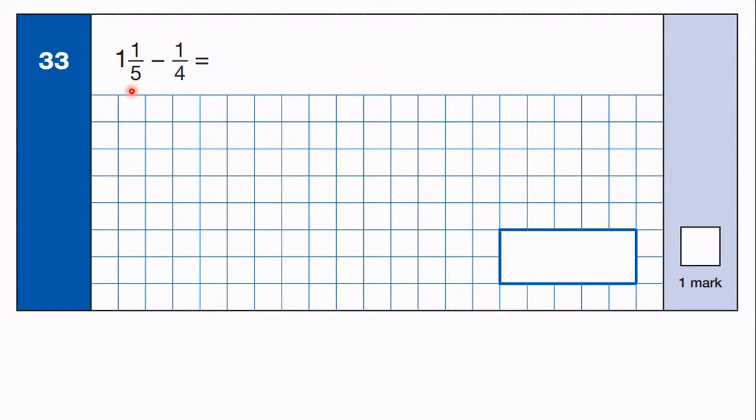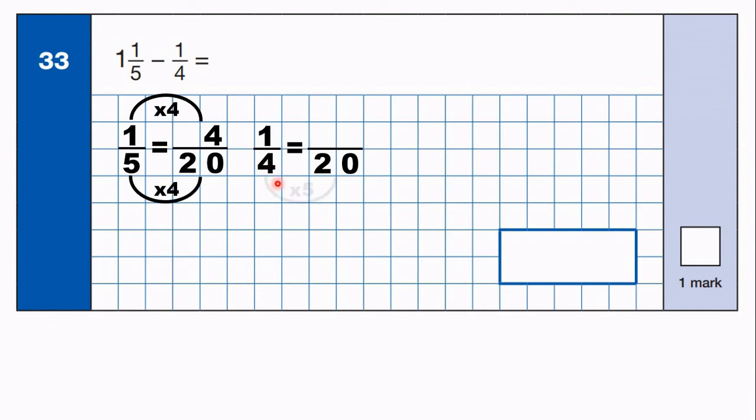Question 33. 1 1/5 minus 1/4. So when we add or subtract fractions, we need our denominators to be the same. 20 is in both the 5 and 4 times tables, so we can find equivalent fractions for 1/5 and 1/4 with a denominator of 20. 5 times 4 is 20, so 1 times 4 is 4, and 4 times 5 is 20, so 1 times 5 is 5.